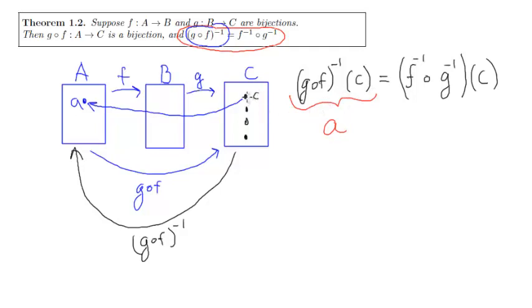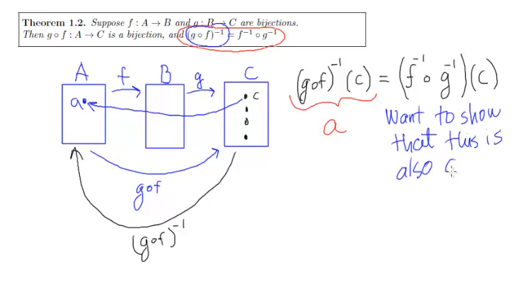And since we picked a generic point c, whatever we show for this point will apply to all of these points over here. So what we want to show is that this is also A.